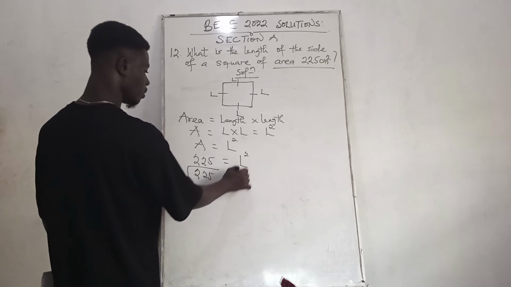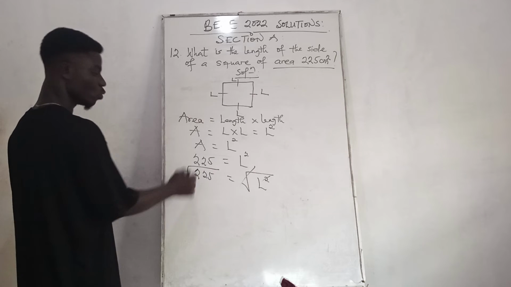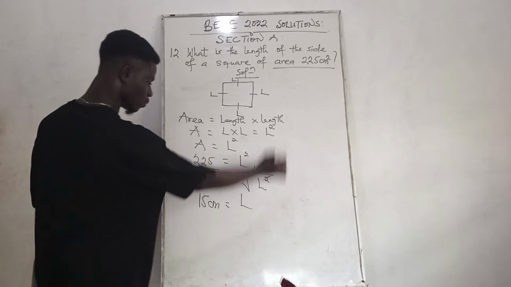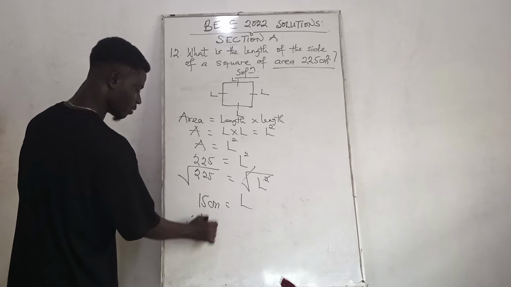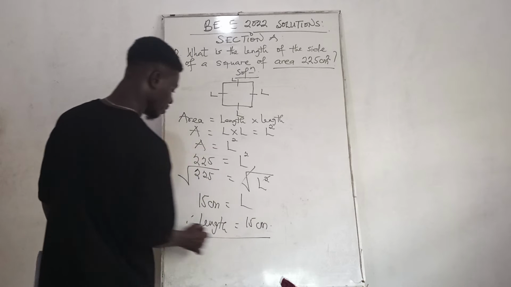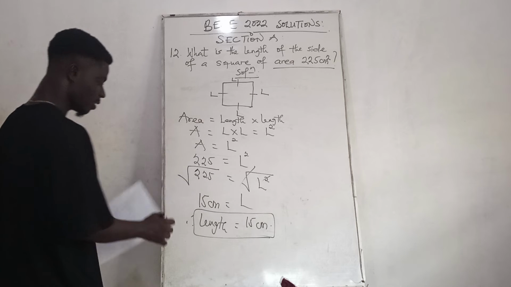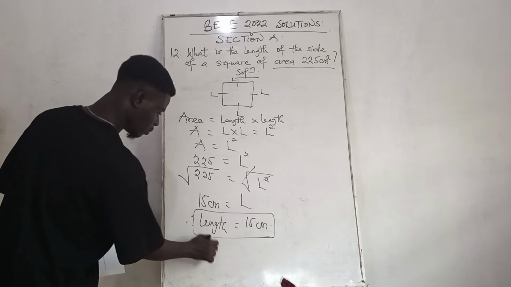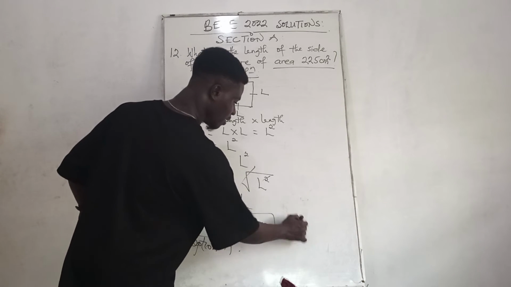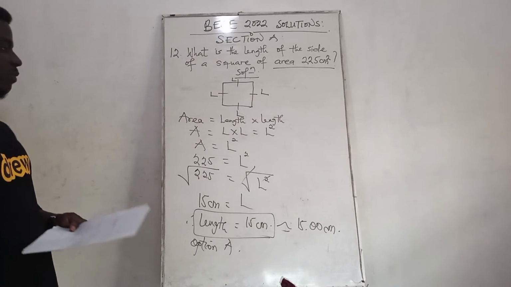So the square root of 225, you get 15 centimeters, which is equal to L. Therefore, the length of the side of the square is 15 centimeters, which is option A. So here we have 15.00, which is the same thing as 15.00 centimeters.